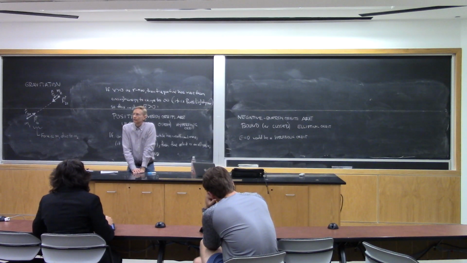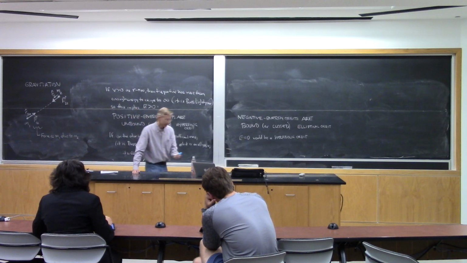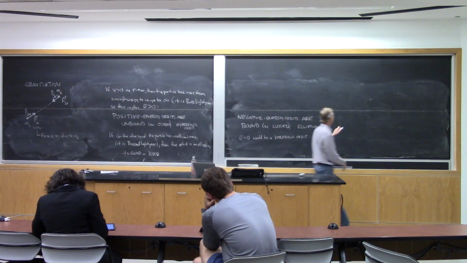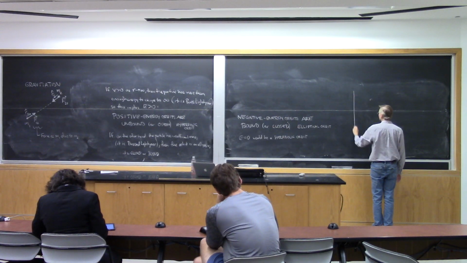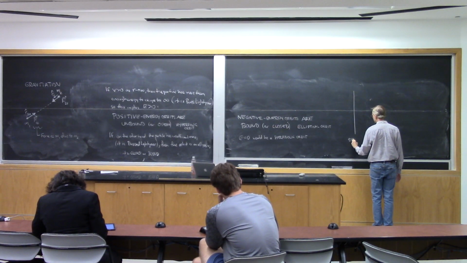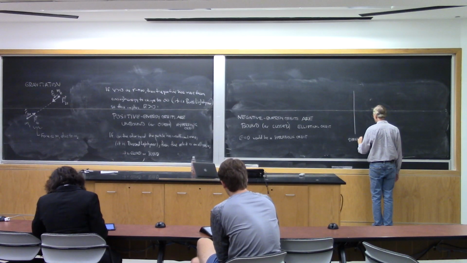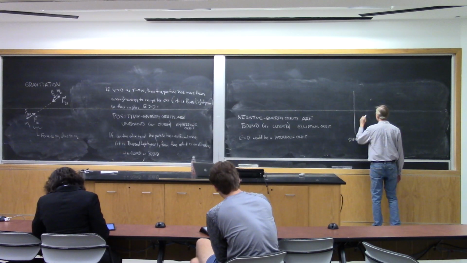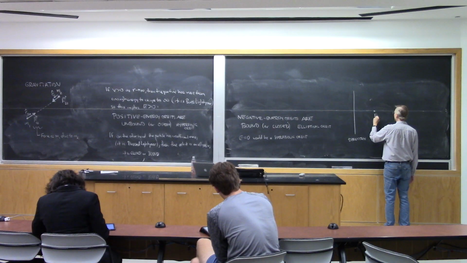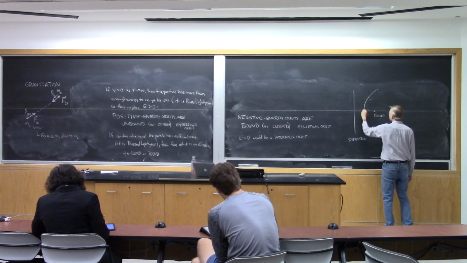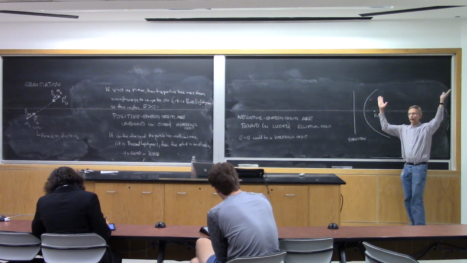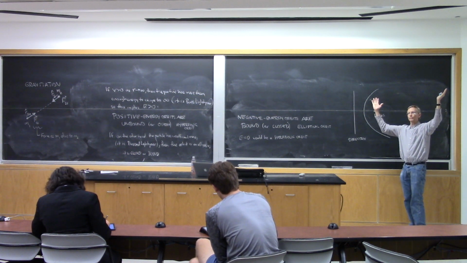So one way to define a parabola is you have what's called the directrix, and then you've got the focus, right? And a parabola is a parabola. It would plot like a parabola.